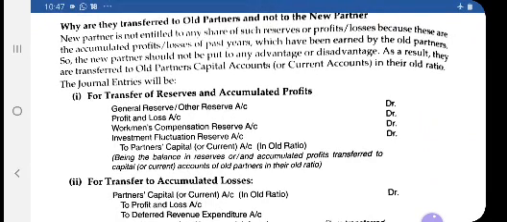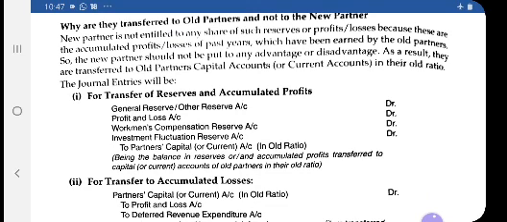All reserves that appear on the liability side of the balance sheet, denoted by the name general reserve, reserve fund, or any kind of reserves, profit and loss, workman compensation reserve, investment fluctuation reserve. These two are specific reserves, and the various possible cases relating to workman compensation and investment fluctuation reserves we have already discussed while studying the topic change in profit sharing ratio.